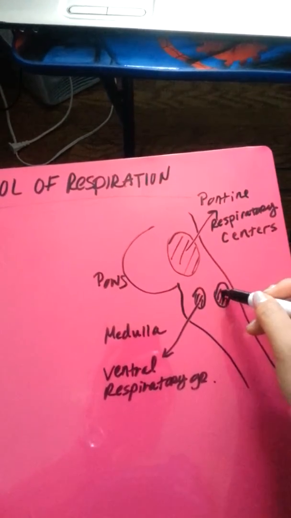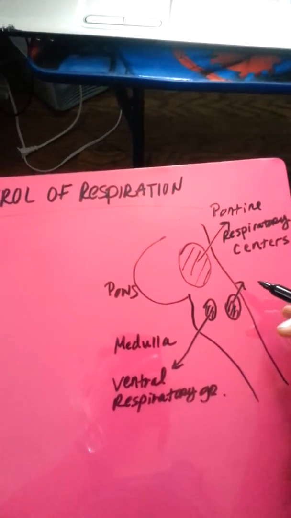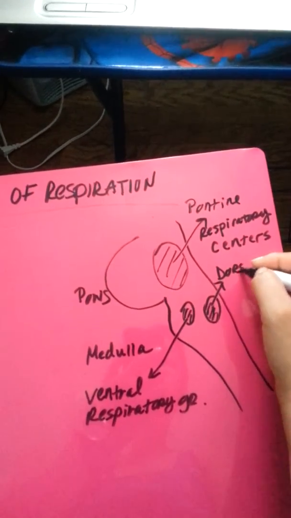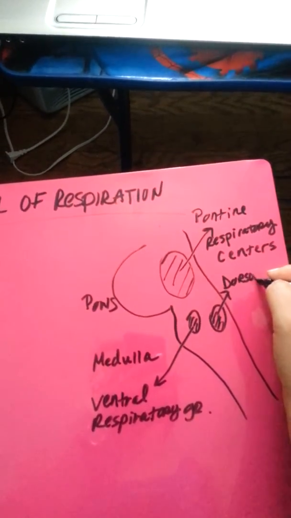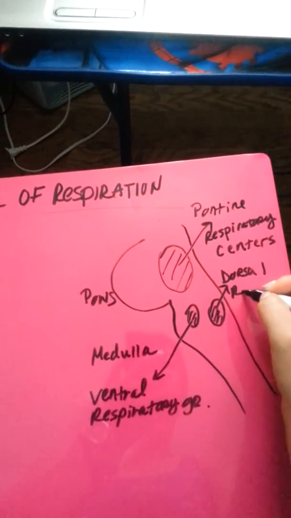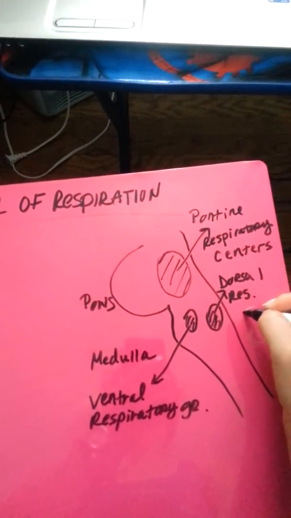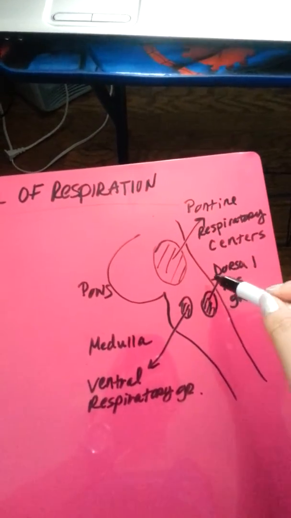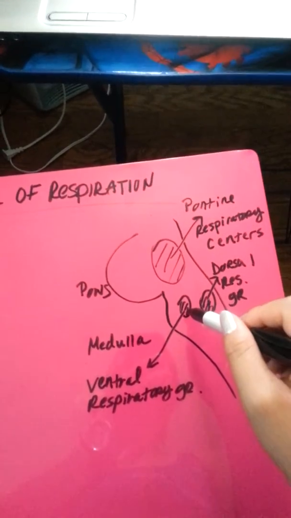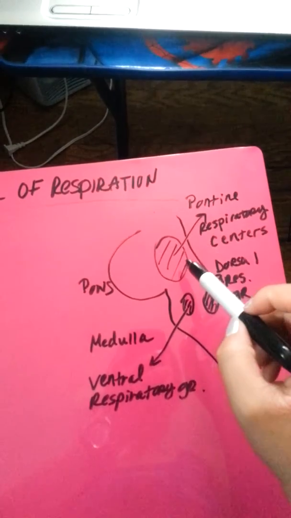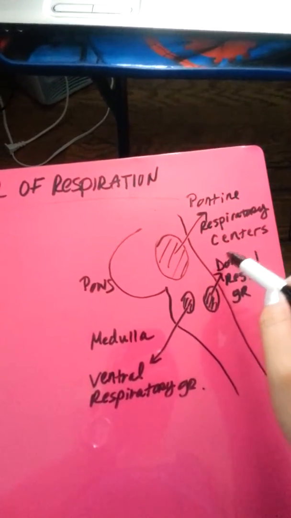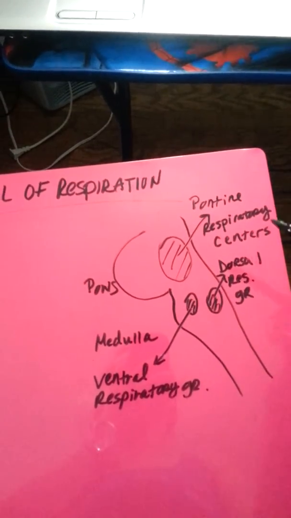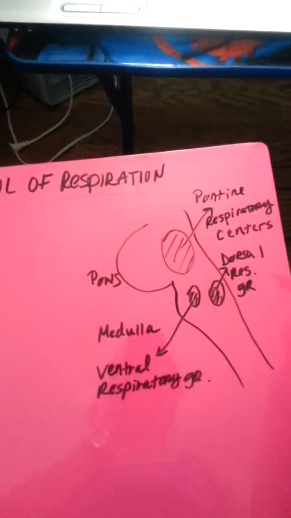This one right here is known as the dorsal respiratory group, or DRG. So DRG, VRG, and the pontine respiratory center, or you could just say PRC, though it's not known, I believe.